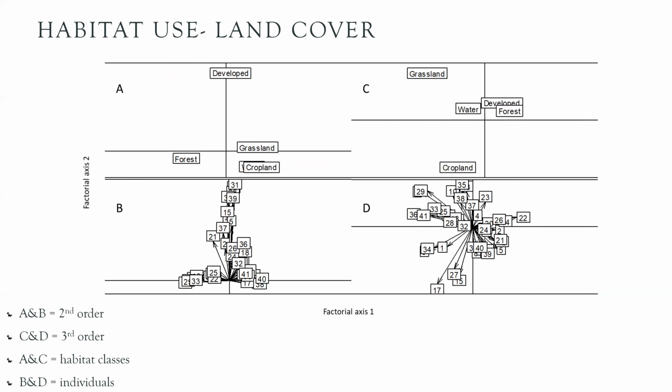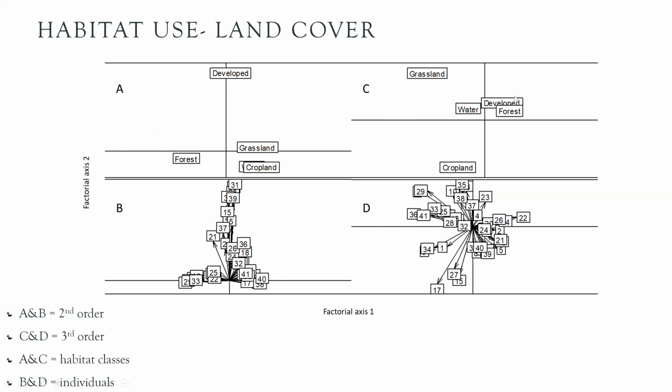Okay, diving into this habitat use, if you're familiar with principal components analysis, these figures are read similar to that. So over here, figures A and B are pertinent to second order or home range selection, and C and D are third order or within home range selection.